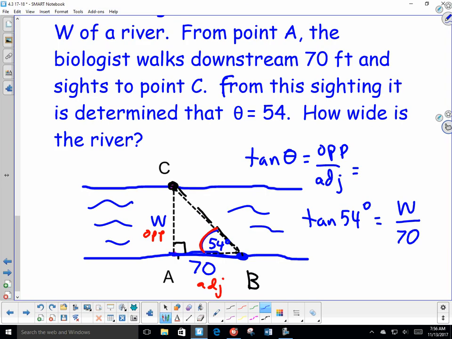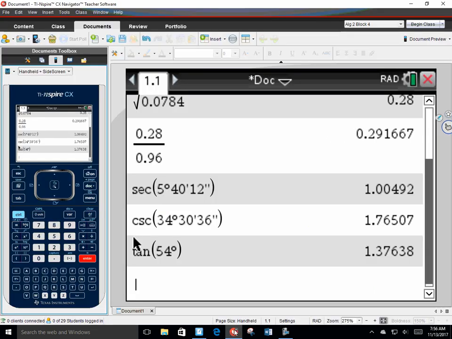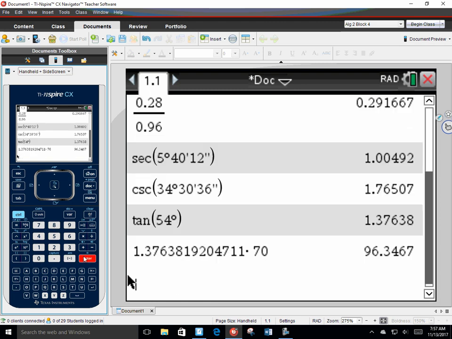So 1.376 is equal to W over 70, and now I can multiply both sides by 70 to get the width of the river. Multiplying by 70 on my calculator, I end up getting 96.34, say 96.35.